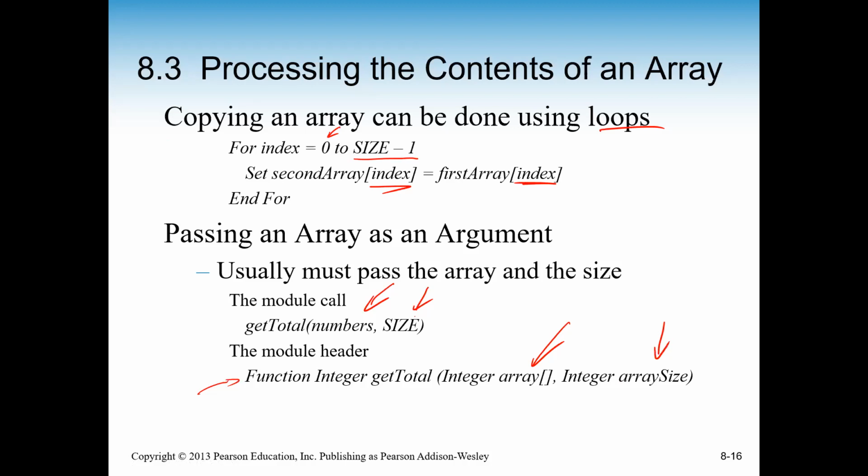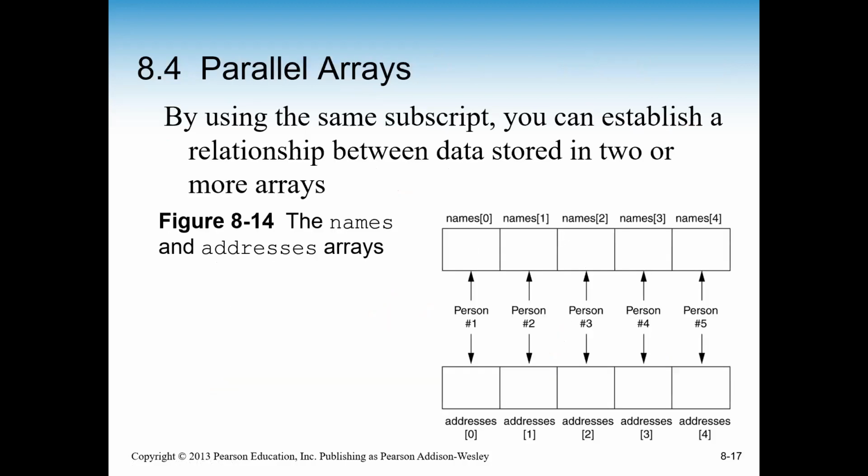All right. So here we have parallel arrays. These are the same size, first array and second array, addresses and names. These are for people. Logically, we're talking about people: person 1, 2, 3, 4, 5.